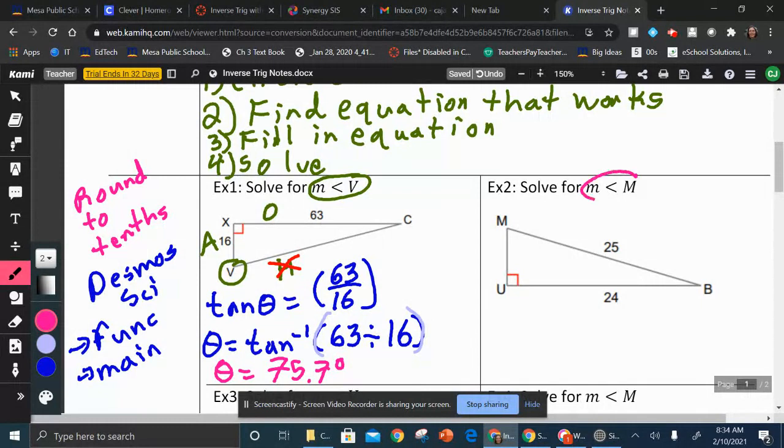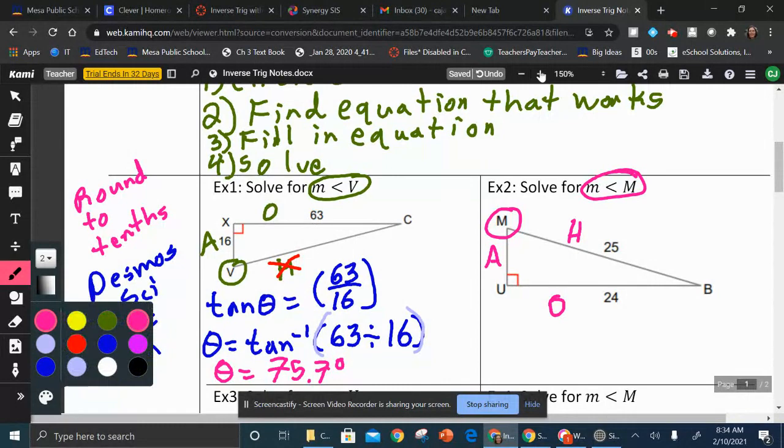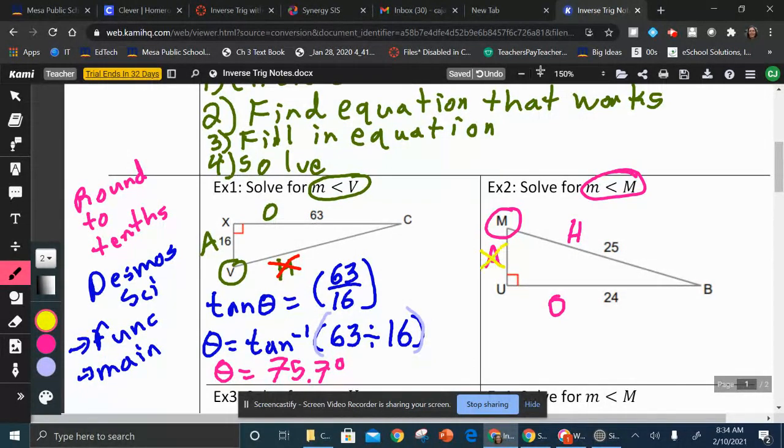Okay, this one we're solving for the measure of angle M. Okay, we're going to label adjacent, opposite, and hypotenuse. Okay, everybody knows we don't have anything here for adjacent, so I'm not going to use that one. So I'm going to use sine. So the sine of theta is going to be equal to 24 over 25.